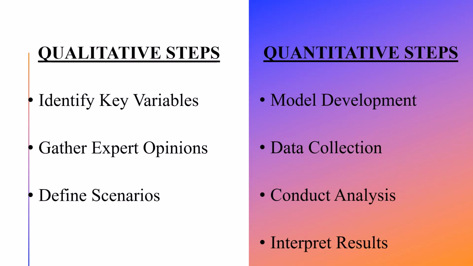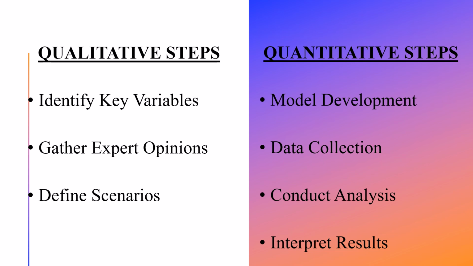I'll outline the essential steps for conducting a thorough risk analysis divided into qualitative and quantitative approaches. For the qualitative steps, the first step is to identify key variables, determining which variables are critical to your decision-making process.